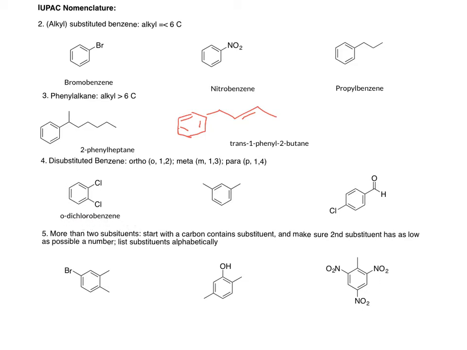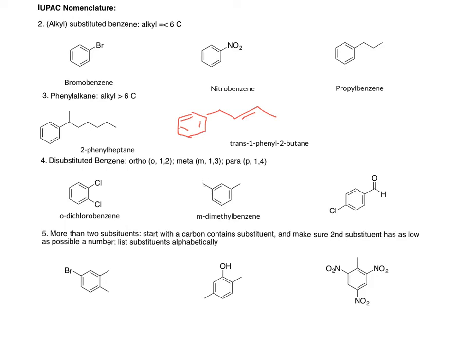The following example is 1,3-dimethylbenzene, or meta-dimethylbenzene. You could also name it as meta-methyltoluene: consider one of the benzene and methyl groups as the common name toluene, and consider the other methyl as the substituent.